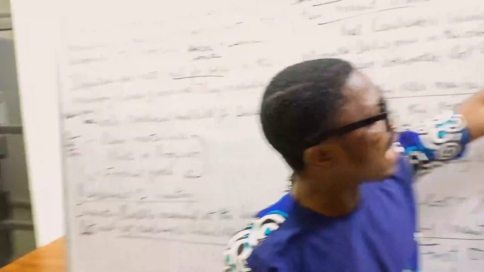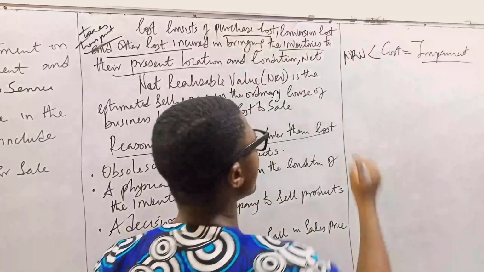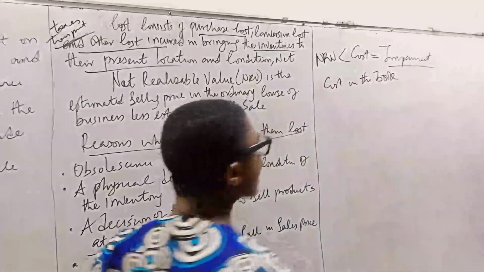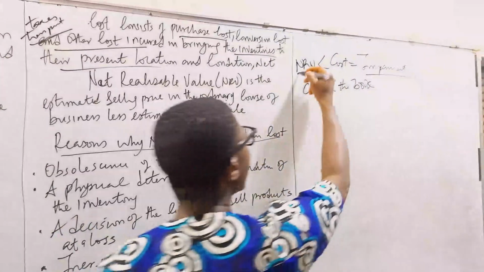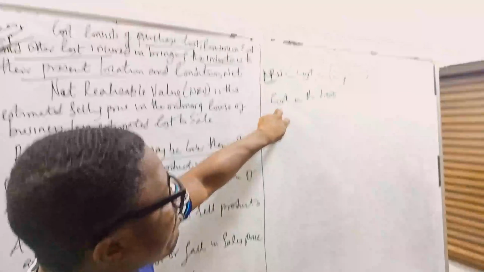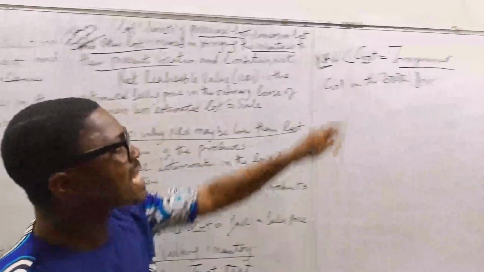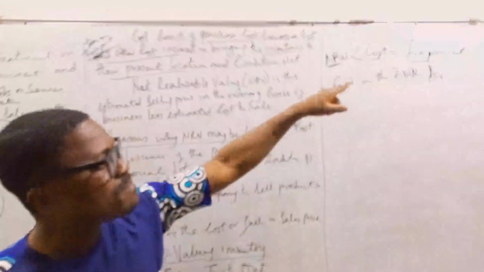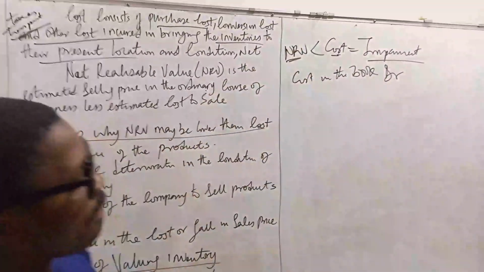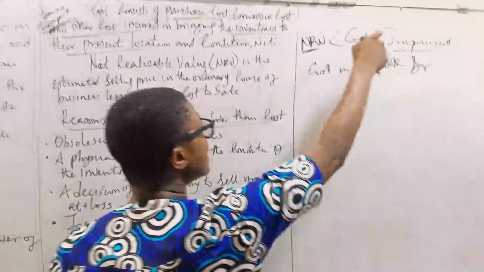So when NRV, net realizable value, is less than cost, that means it's impairment. You agree with me that we already have the inventory at cost in the books. So that simply means that in a situation where NRV is less than cost, something will happen. And know that having the inventory in the books, being an asset, is to have a debit balance. And now NRV is less than cost. That simply means that something has to happen to this debit balance to reduce it to the value of NRV. That simply means that in a situation, as I said earlier, where NRV is less than cost, it simply means impairment.